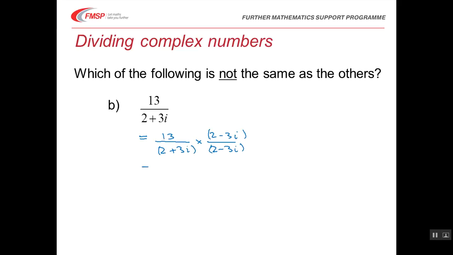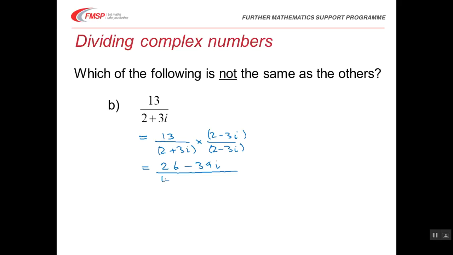Now carefully multiplying, we've got 13 times 2 is 26, 13 times minus 3i is minus 39i, and it's the denominator where the really helpful maths happens.